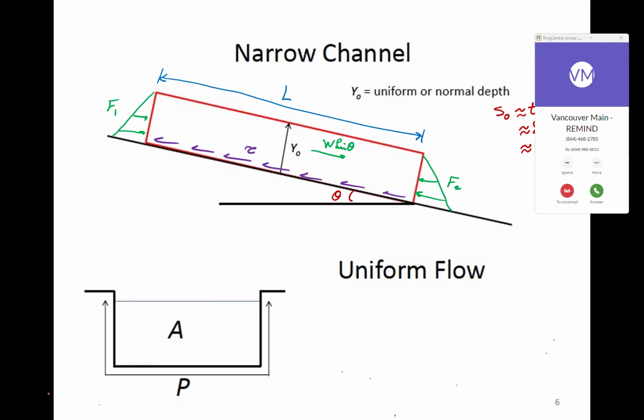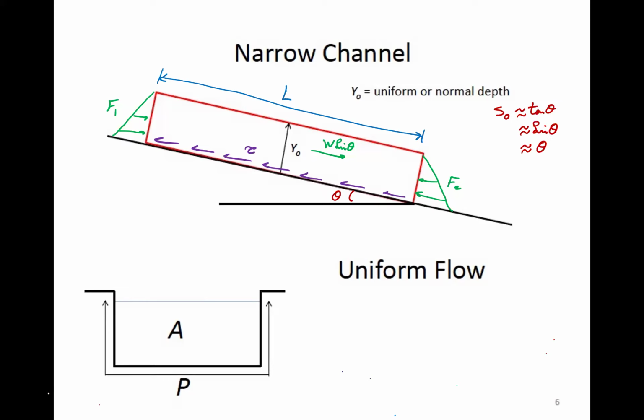If you remember from our momentum equation, tau times L times P. Tau times L is force per unit width. But if you look at the section down here, we also have to multiply by P, the wetted perimeter, to get the total friction force acting on the total channel wall. So it will be tau L times P, because that's the surface that tau is acting on, P times L. So that's the left-hand side.